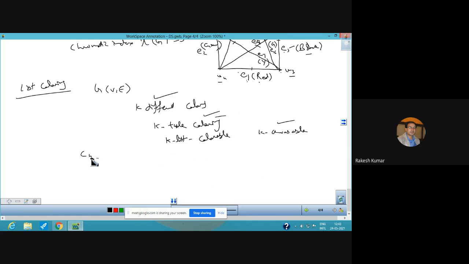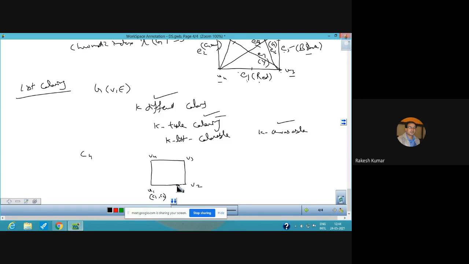We have a cyclic graph C4. What does it mean? Now remember, we have vertices V1, V2, V3, V4. Where in the chromatic number we used one color each, here to color the vertices we will use two colors each. Suppose I use C1 and C2 here.